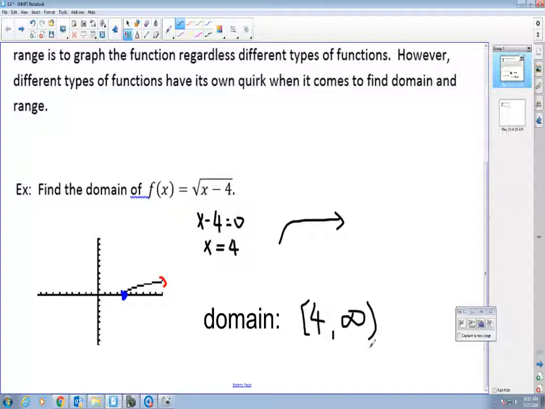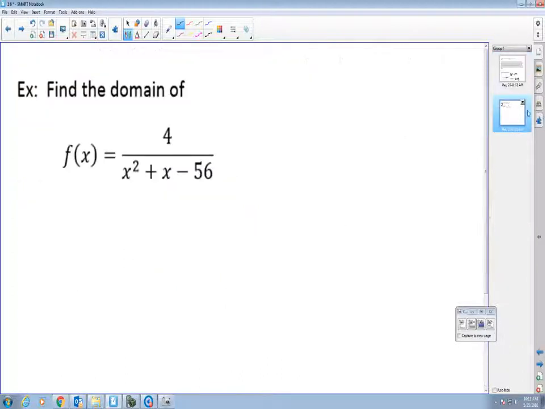Alright, let's look at another example of a rational function. Since this is a rational function, the denominator cannot be equal to 0, because the function is undefined. If the denominator is 0, the function will be undefined.